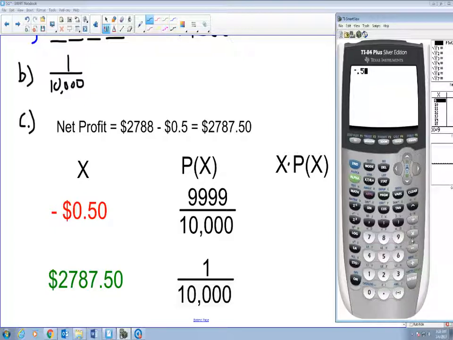Negative 50 cents times the chance of losing, 9,999 ways out of 10,000, is practically negative 0.49995.